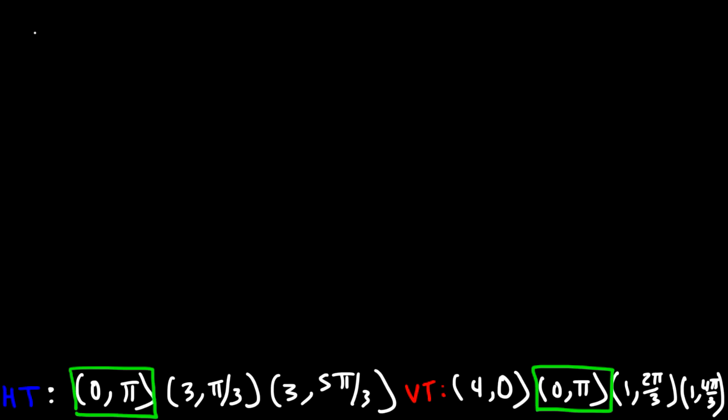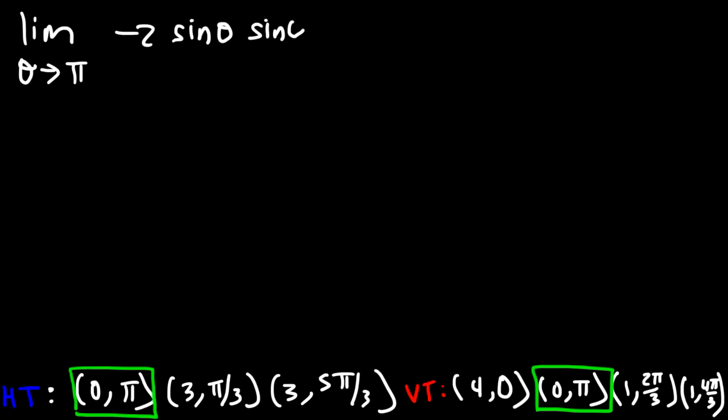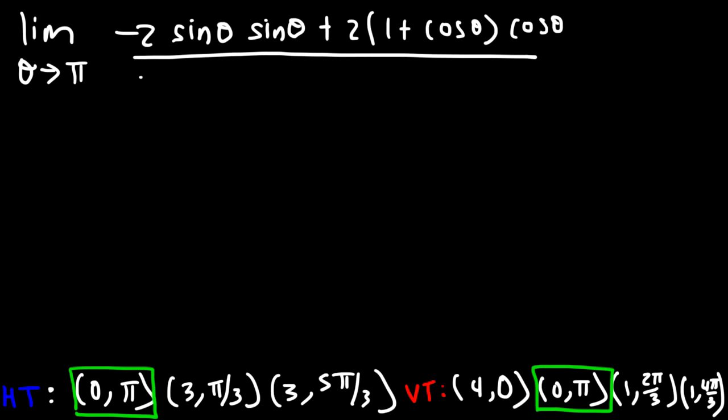Now, let's go back to dy over dx. We're going to take the limit as theta goes to pi of dy over dx, which we said was negative 2 sine theta times sine theta plus 2 times 1 plus cosine theta times cosine theta, over this stuff.